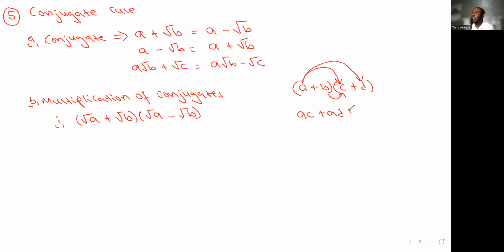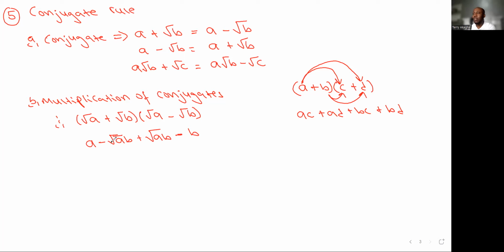B times C will give you BC, and B times D will give us BD. All right? So the same thing: root A times root A will give you A. Root A times minus root B will give you minus root AB. Root B times root A is going to give us plus root AB. And root B times minus root B will give you minus B.